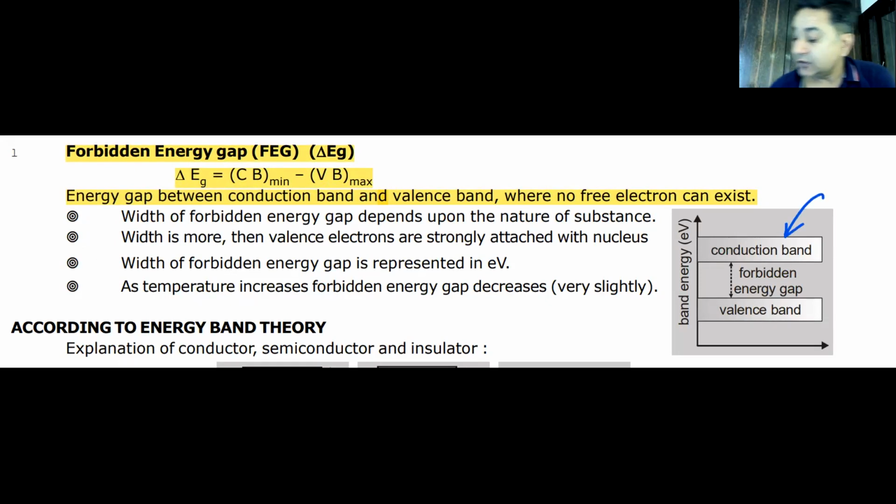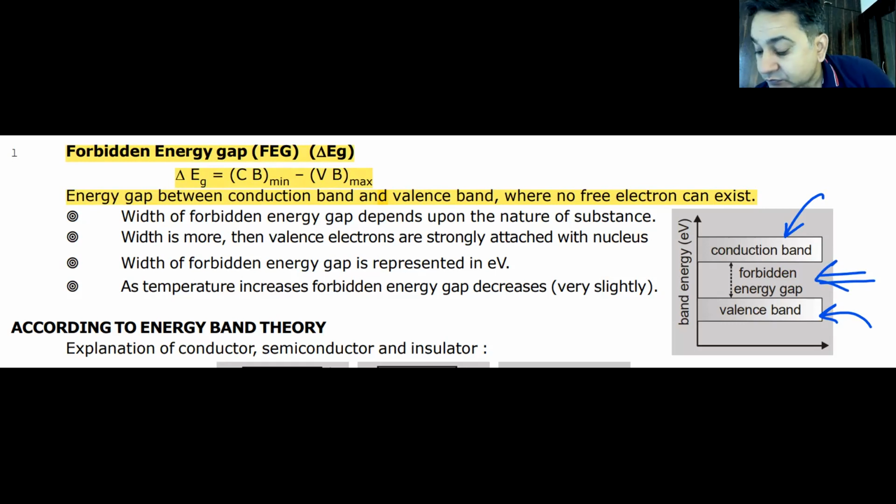Yes, sir. Do we see this valence band? Yes, sir. Electrons are present in the valence band. Very few electrons may be present in the conduction band. There is an energy difference between the two. This energy difference is known as the forbidden gap. We are not allowed to go into the conduction band. There is a forbidden zone, and that forbidden zone is known as the forbidden energy gap. Do we understand this?